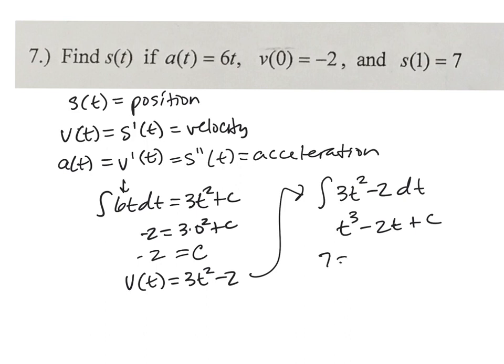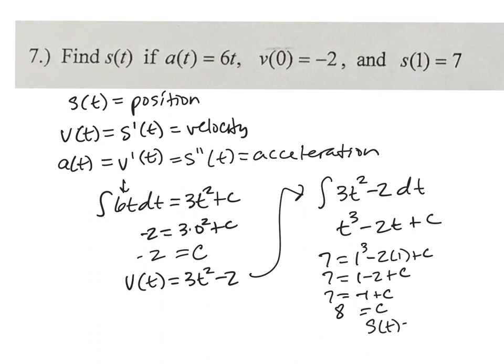So 7 is equal to 1 cubed minus 2 times 1 plus c. So 7 is equal to 1 minus 2 plus c, or negative 1 plus c, so c is equal to 8. All right, so now we can write our final answer then. And our final answer for s of t would be s of t is equal to t cubed minus 2t plus 8.